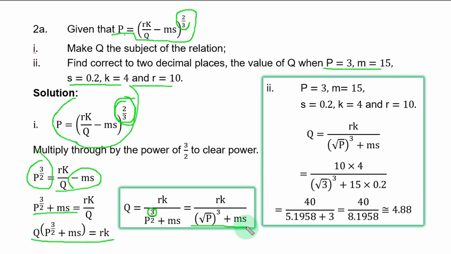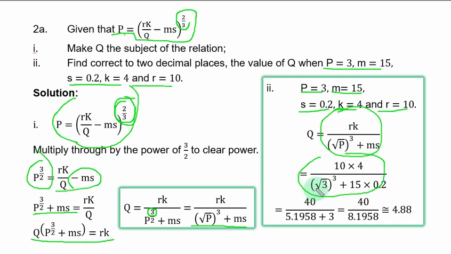which you have in this form by further simplification. Roman figure 2: when P is equal to 3, M equal to 15, S equal to 0.2, K equal to 4, and R equal to 10, Q is equal to this. If you replace all the variables with what they stand for, you have this expression. 10 times 4 is 40.